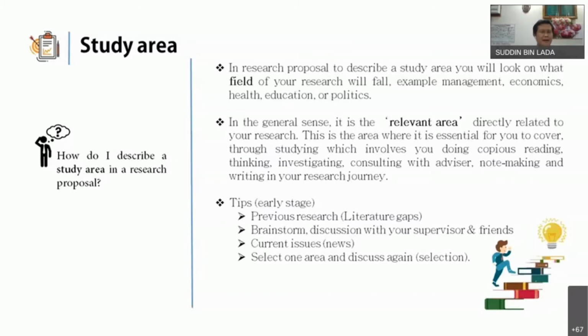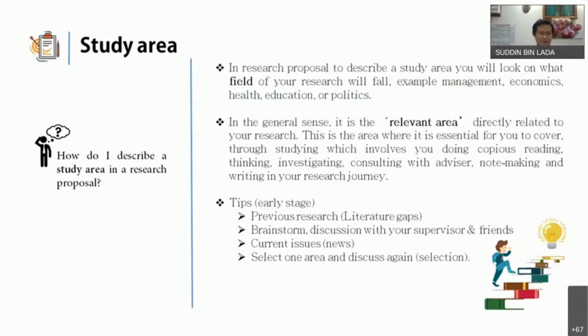From the current issues around us, happening right now in Malaysia and in the world, go back to your literature. Which one is suitable for you to select, especially in answering the questions of the relevant area.